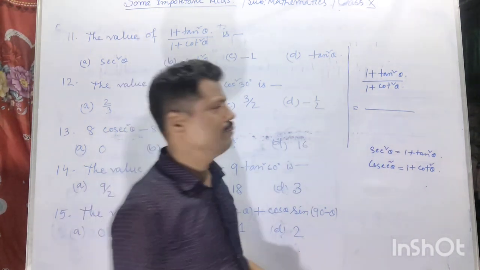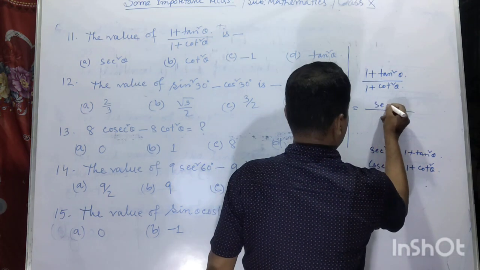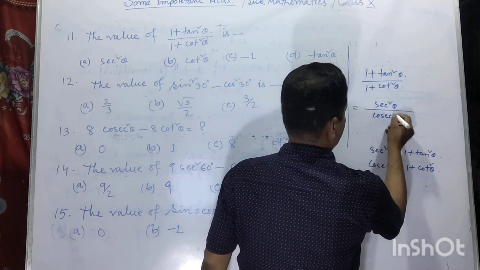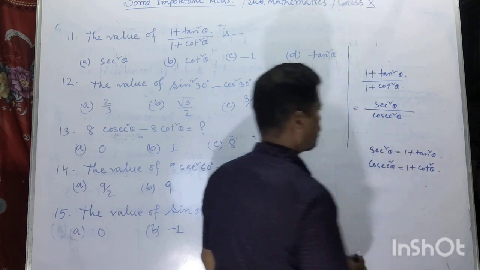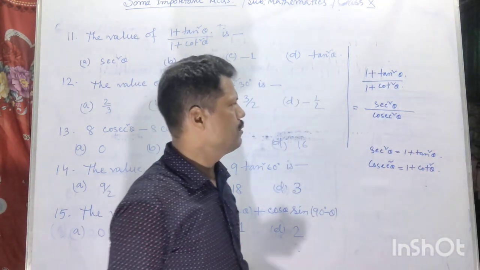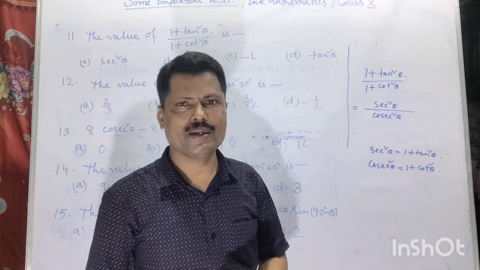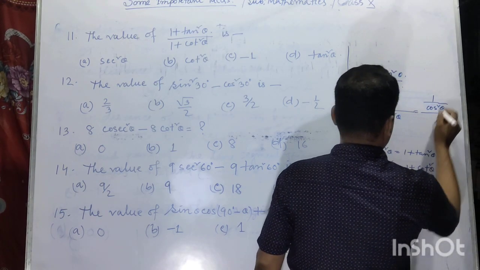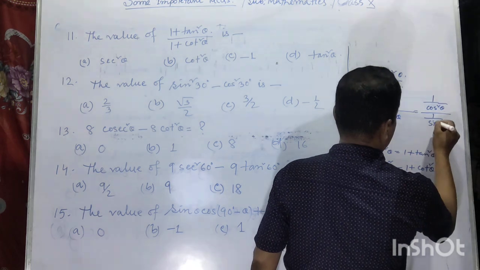So let us see next. Here sec square theta divided by cosec square theta. We know sec theta is 1 by cos theta. So 1 by cos square theta divided by 1 by sin square theta.